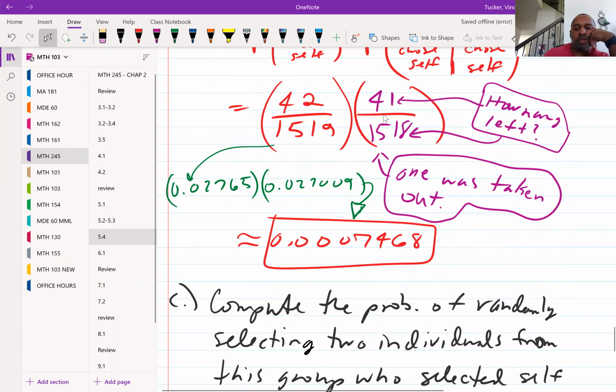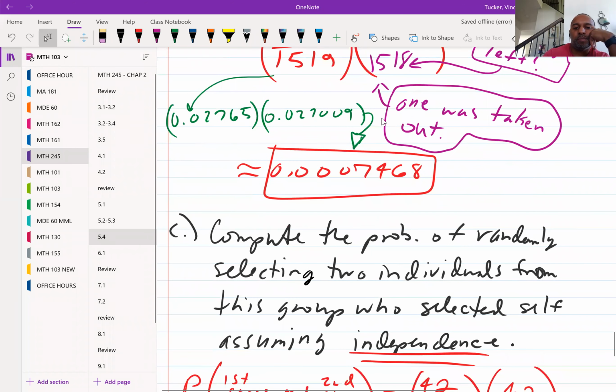They'll let you know whether it's 2, 3, or 4. Just make sure you hold true to whatever they're asking of you.